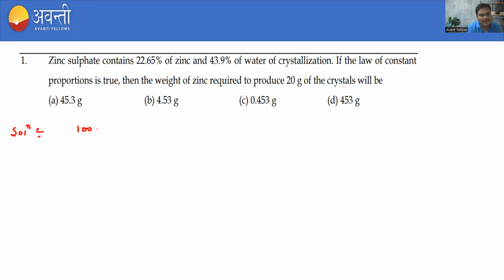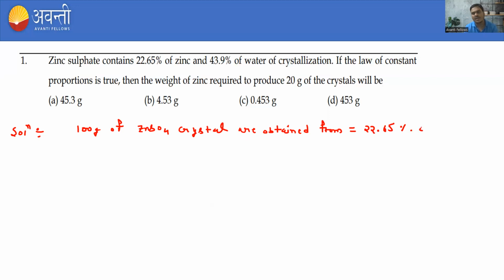So we can say that 100 gram of ZnSO4, that is zinc sulfate, crystal, what amount of zinc do we obtain? So 100 gram of ZnSO4 crystal are obtained from 22.65% of zinc.